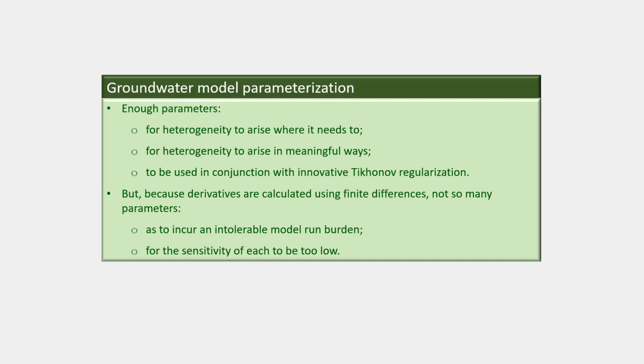That is, we undertake one model run for each parameter, vary the parameter incrementally, look at the difference in model outputs, calculate that difference, divide it by the difference in parameters to get an approximation to our derivative. Now, if we have too many parameters, individual parameters become insensitive, and that finite differencing process breaks down because we're taking two numbers, one from another, which are very close together. And because of that, we lose significant figures. Therefore, the finite difference derivatives calculation process becomes compromised.